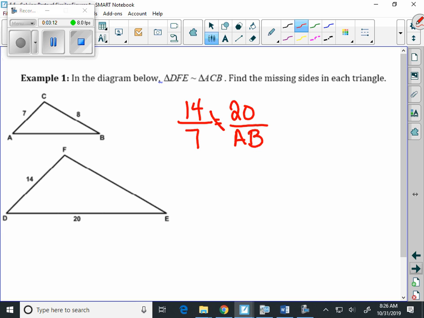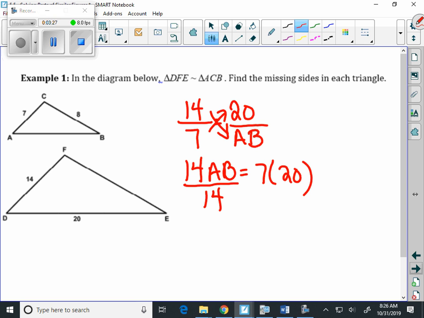We solve it by cross multiplying. So we get 14 times AB equals 7 times 20. And oftentimes what I do is I just divide both sides by 14 and get the length of 10, I think it is.